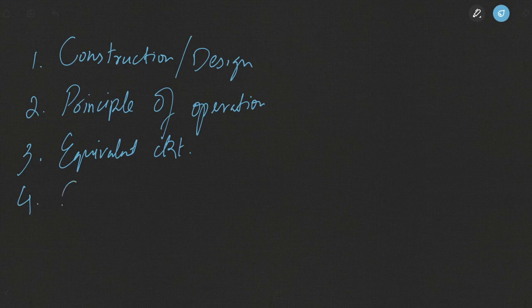You will be looking at different characteristics of these machines. Like the speed torque characteristics, talking about motors, or talking about generators, you have the terminal characteristics, the VI characteristics. Then you will be looking at the open circuit characteristics, short circuit characteristics.